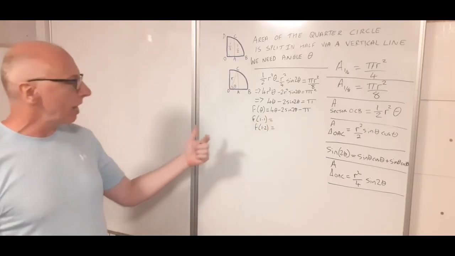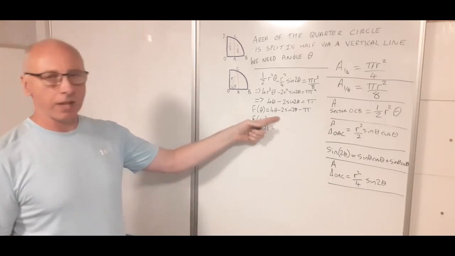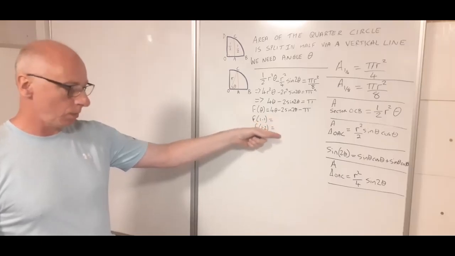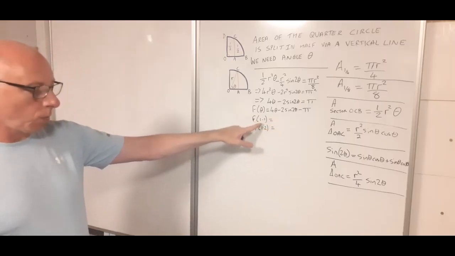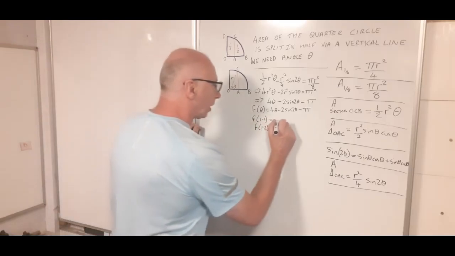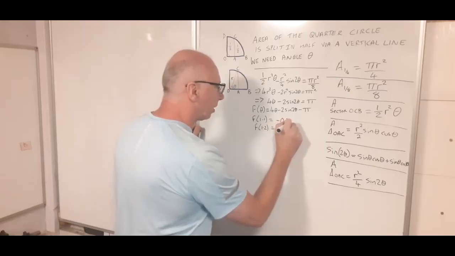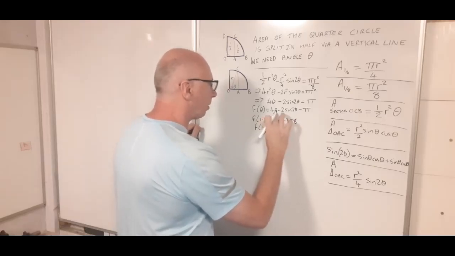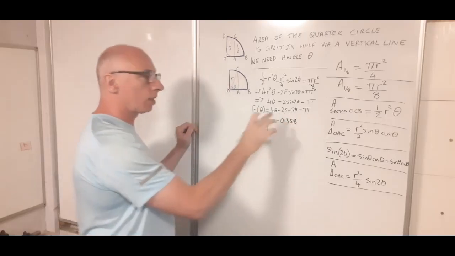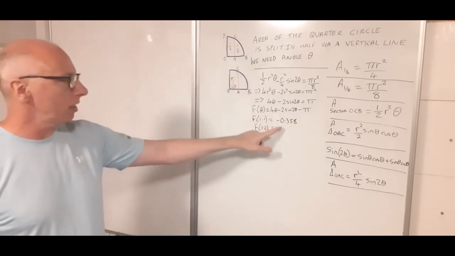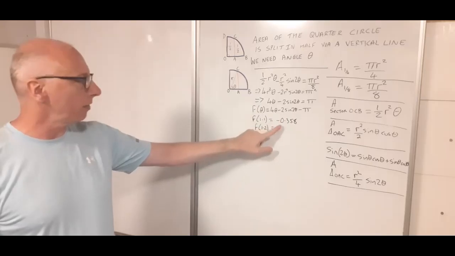Now, I worked these out earlier, and I worked out that there's a change of sign here somewhere. So 1.1 will give me minus 0.358. Plug in 1.1 in terms of radians again, not degrees, and I get that. So it's a negative.